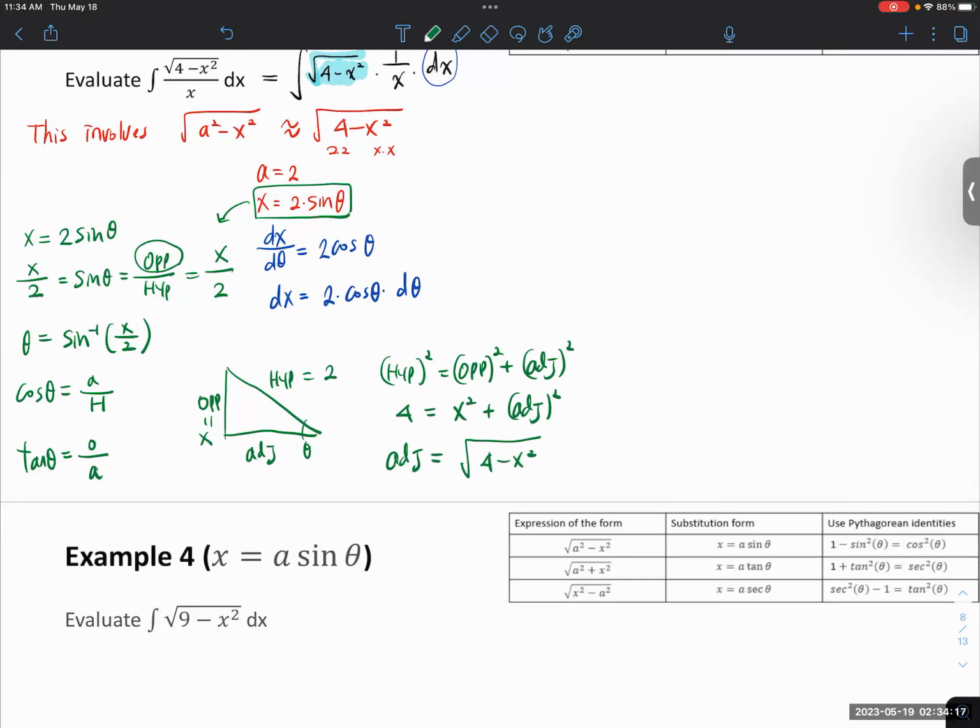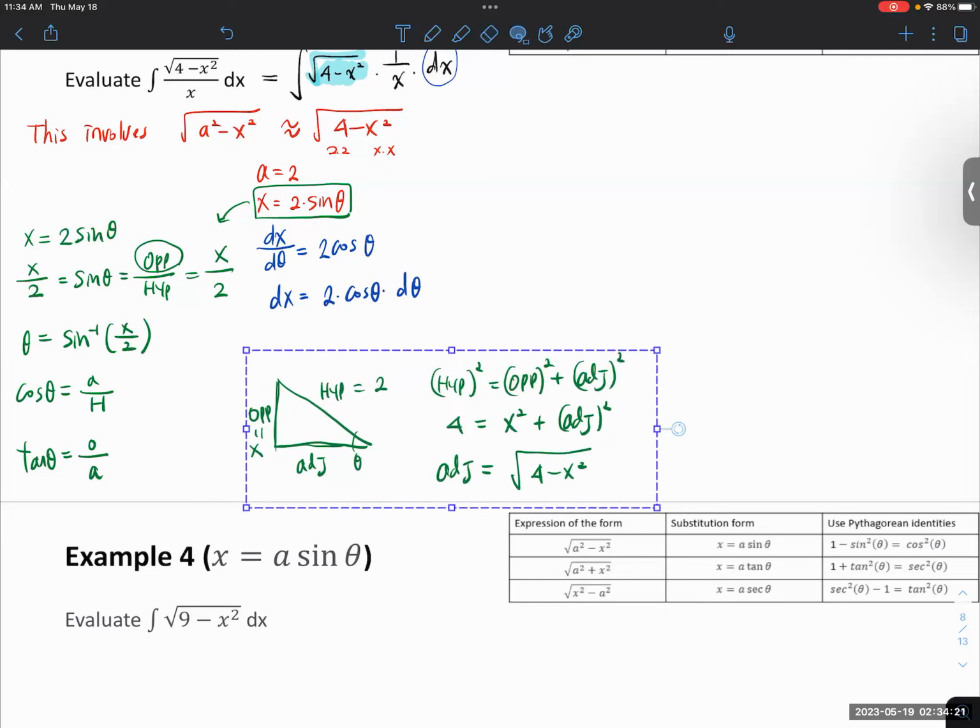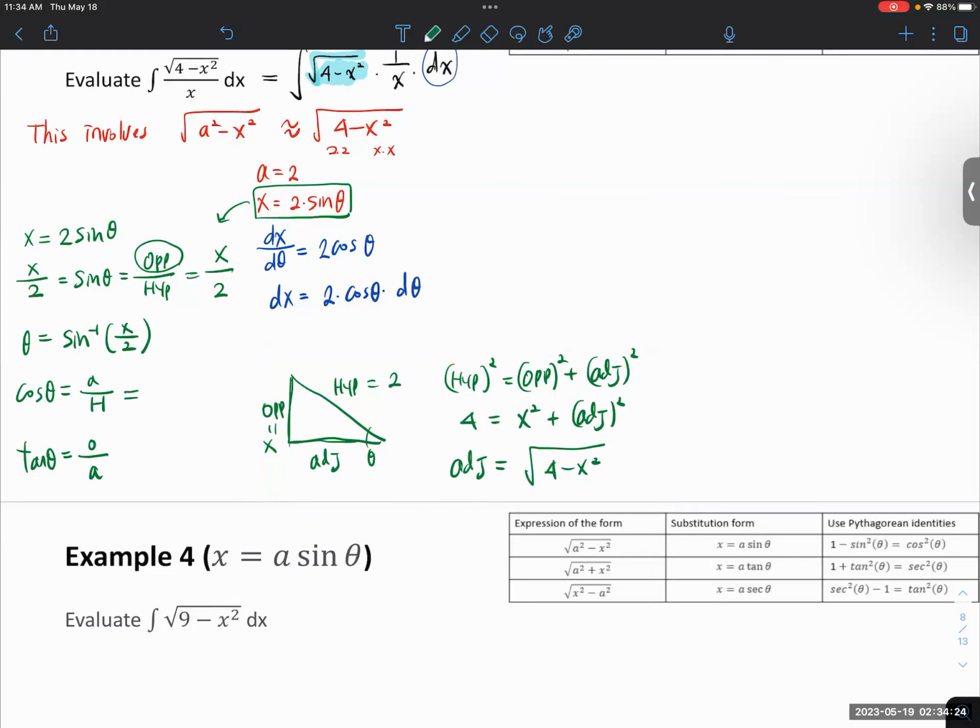So once you find all 3 sides, it's not that complicated to fill out what the cosine theta is. Cosine theta is adjacent over hypotenuse: radical 4 minus x squared over the hypotenuse, which is 2. Tangent theta is what? Opposite, which is x, over adjacent, radical 4 minus x squared. So we have all the information.